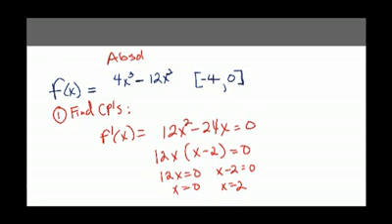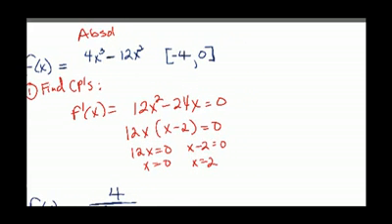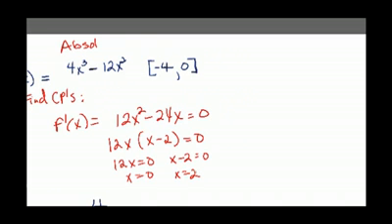Now you will notice that you have one critical point outside the range, so we don't use that one, and then this one is an endpoint. So in this problem all we have to do is test the endpoints.